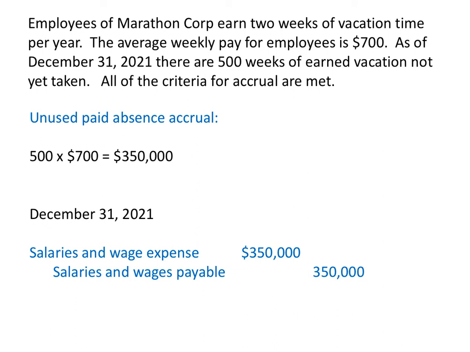It is still an expense that we match to the year when it was earned. So the expense is debited, so this unused vacation time is going to add to the salary and wage expense, but we record a payable for it because it hasn't been paid yet. It's still a liability.